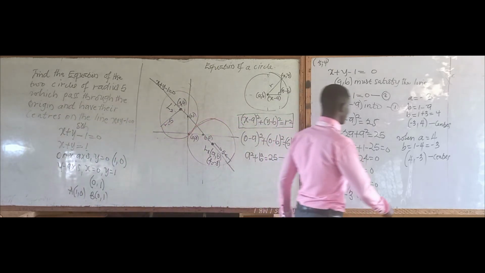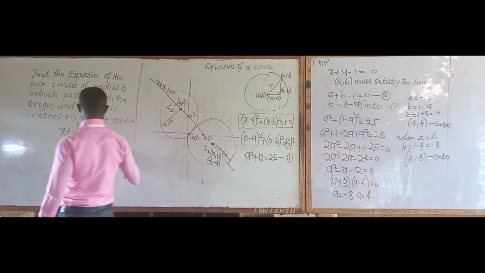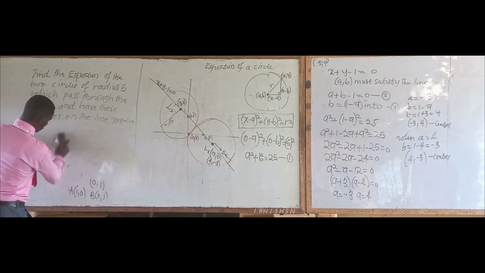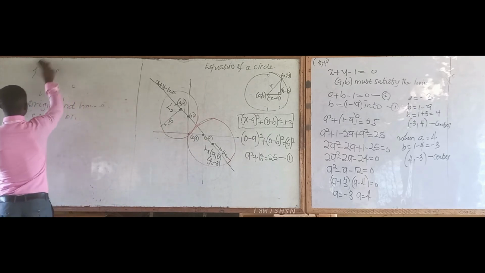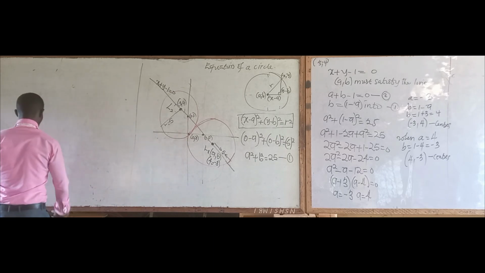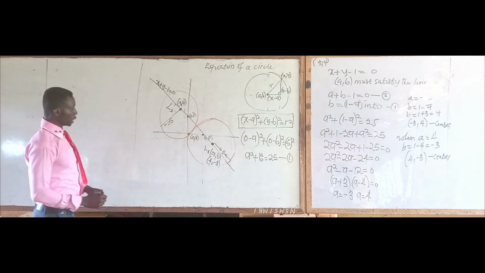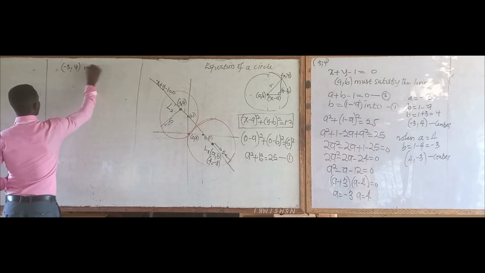Now let me calculate the equation of the circle. With the point negative 3, 4 and r equal to 5, this is the center.